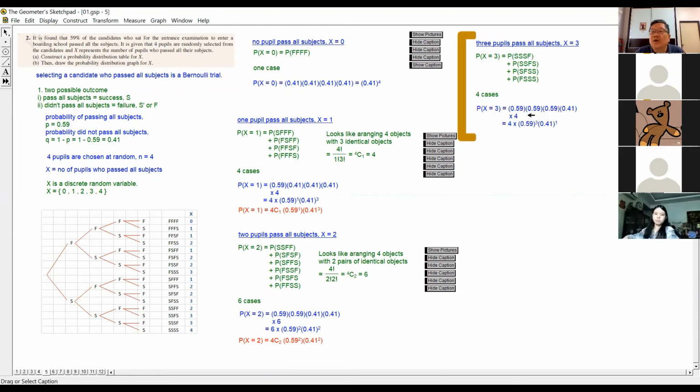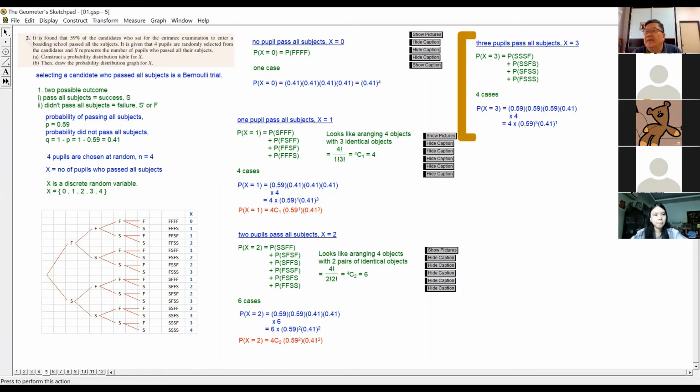Yes. There are 3 success, so P you have 3 times. Failure, you have 1 time. This is the probability of 3 success, or x equals to 3. But this type of x equals to 3 has 4 cases, so you have to multiply by 4.